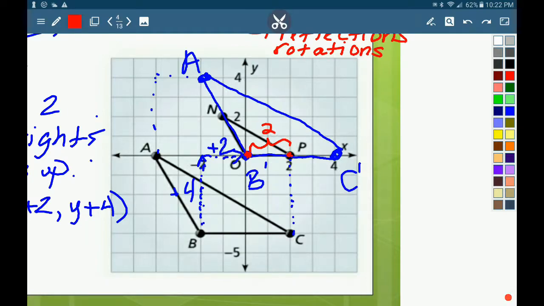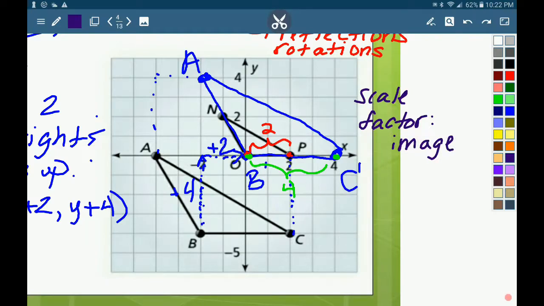But if I look at the corresponding side on the bigger shape, A prime, B prime, C prime, from B prime to C prime, this distance is 4. And in order to get the scale factor, we learned in the dilation lesson that the scale factor is calculated by taking the image length and dividing it by the pre-image length.